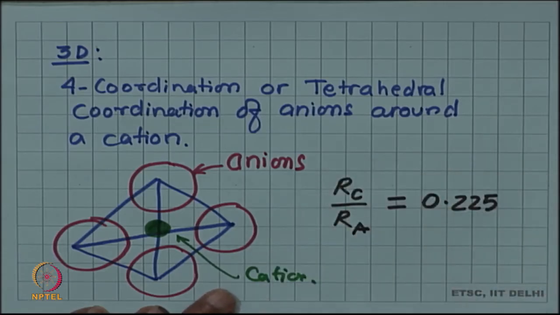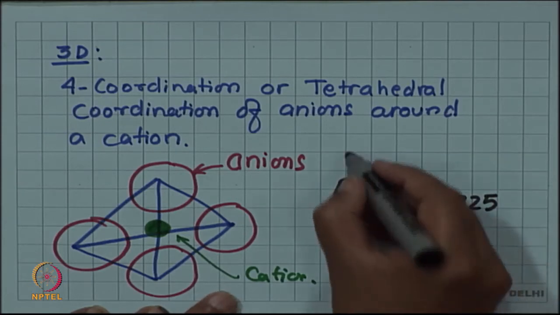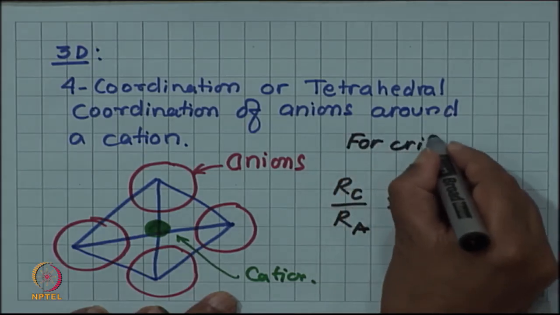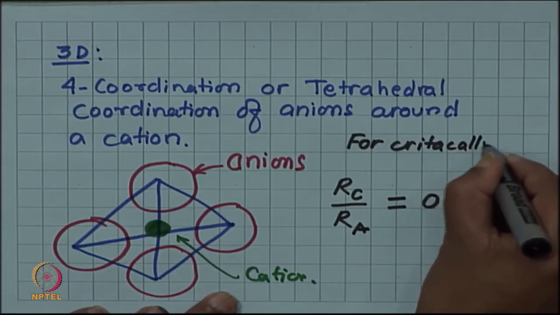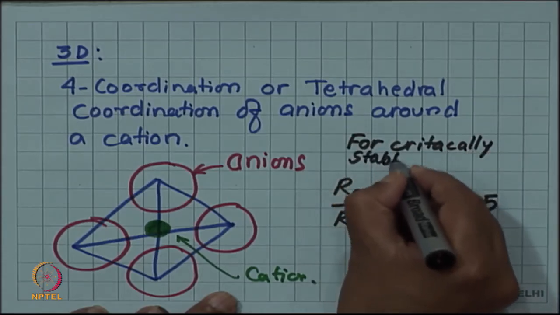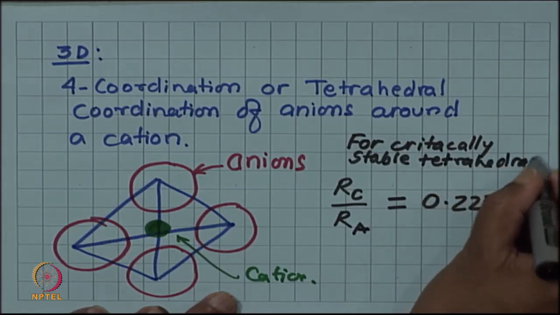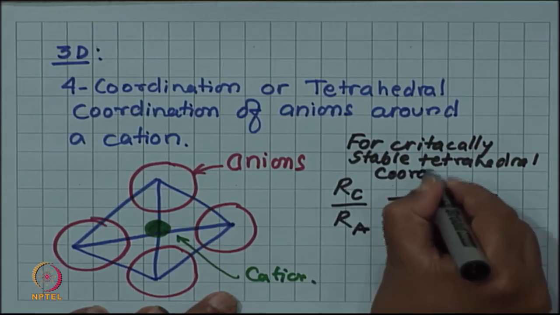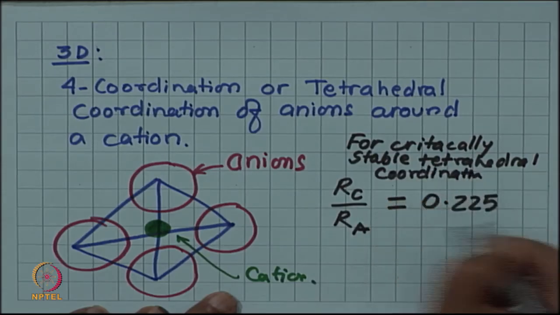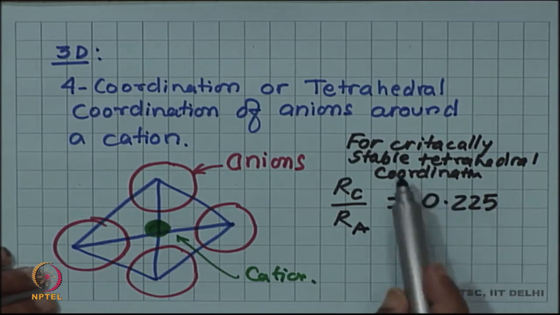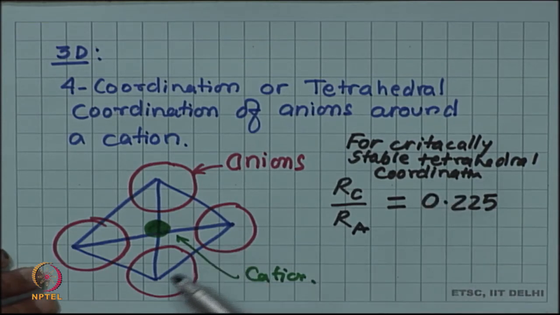That was the largest sphere which can fit into a tetrahedral void. We derived this as a close packed structure. Review that derivation, you should be able to do this. So, for critically stable tetrahedral coordination, anions also will be touching.